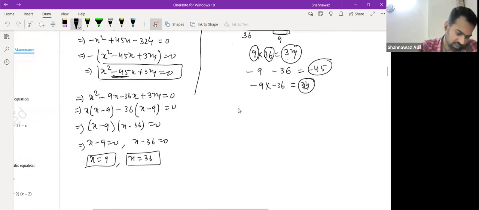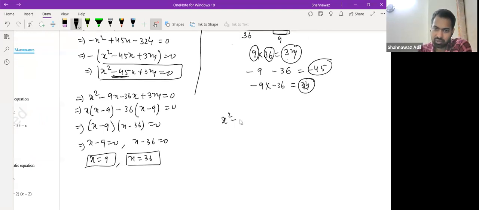x square minus 45x plus 324 equals 0. You see that these are big numbers.